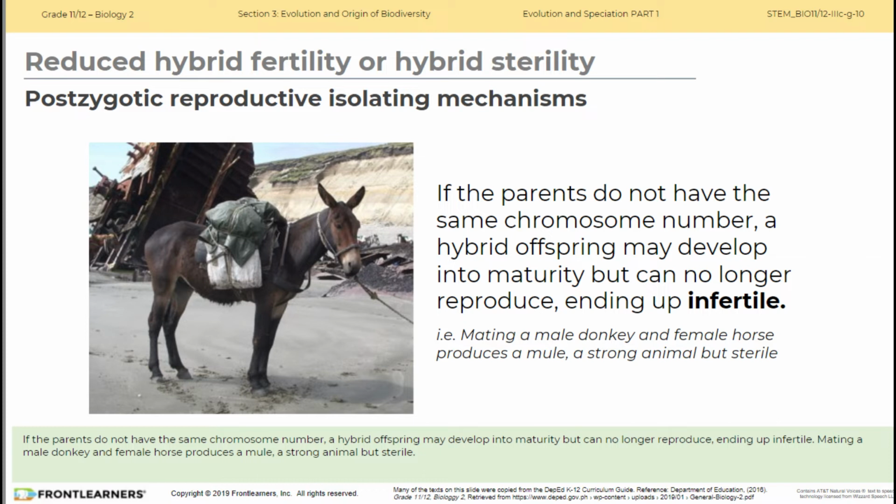If the parents do not have the same chromosome number, a hybrid offspring may develop into maturity but can no longer reproduce, ending up infertile. So, meron kaming tanungan yan during dialogue with na scientist. He is a scientist that focuses on carabaos.